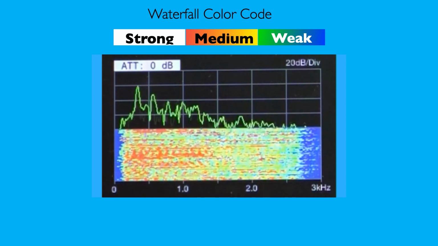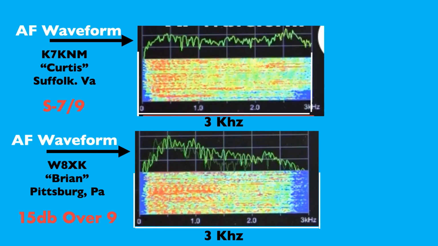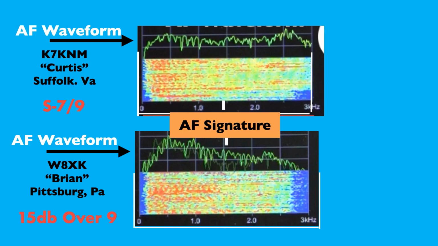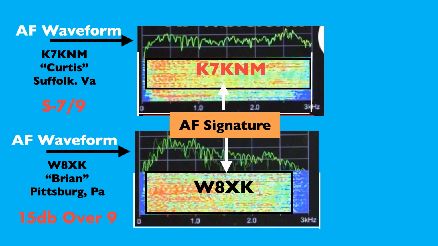You know, the audio waveform also identifies what some audio engineers call the AF signature of the station at this given point. Now, it could change in just a few minutes with a change of a filter, bandwidth, etc. But it is the audio characteristics of this signal.